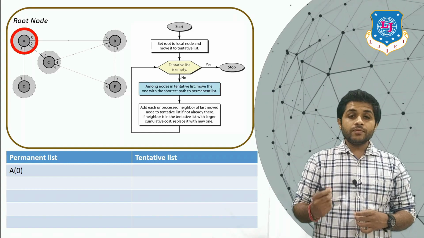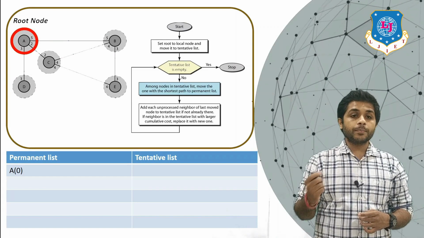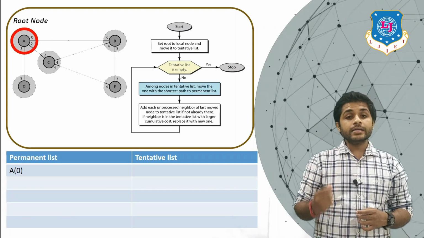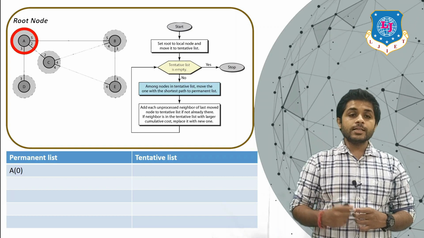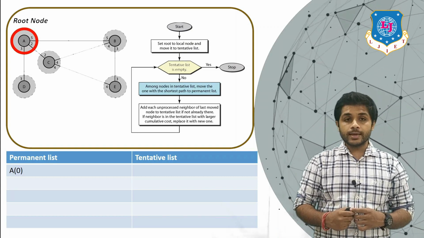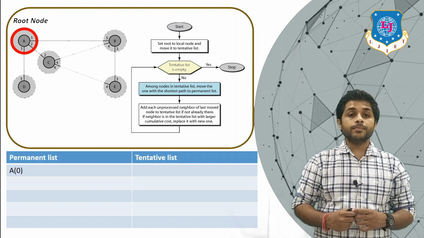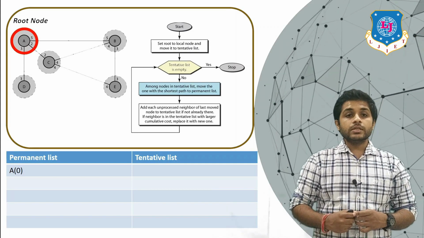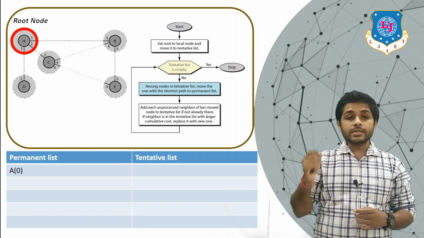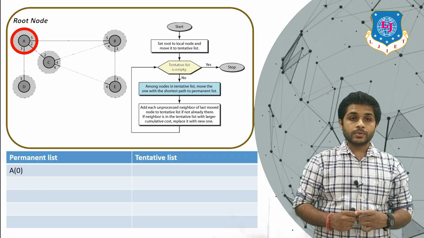Now, when we move the shortest distance node to the permanent list, we will add its adjacent nodes to the tentative list. So what are the adjacent of the router A? The adjacent of the router A are B, C and D. So we will move these adjacent nodes of the recently moved node to the tentative list.